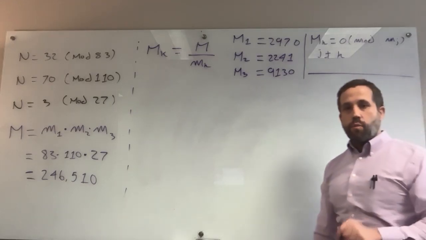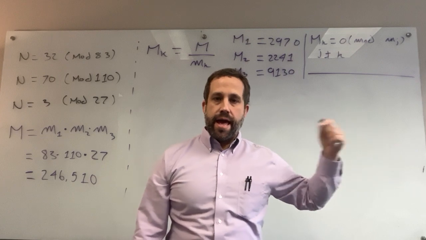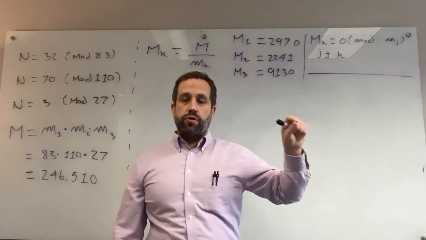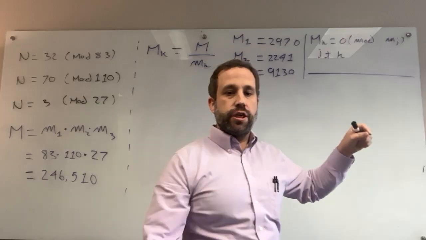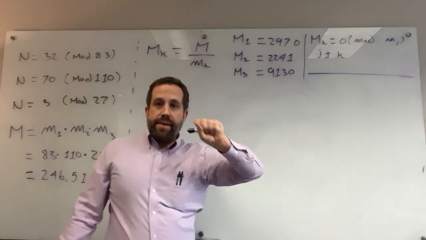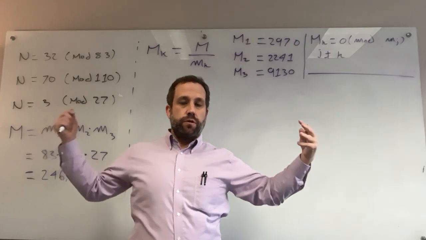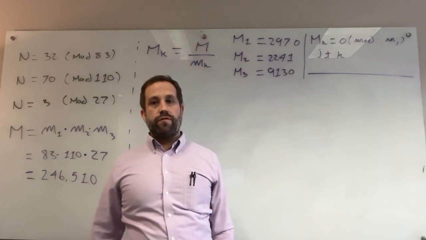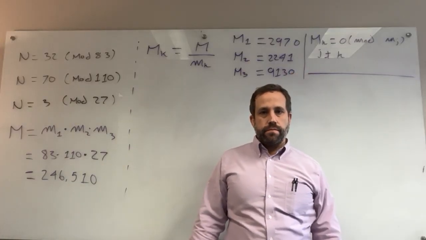In other words, big M1 is congruent to 0 mod little m2. That's just because, what is M1? Well, big M1 is little m2 times little m3. In other words, it's a multiple of little m2. It's a multiple of little m3, so it's going to be congruent to 0. Okay.